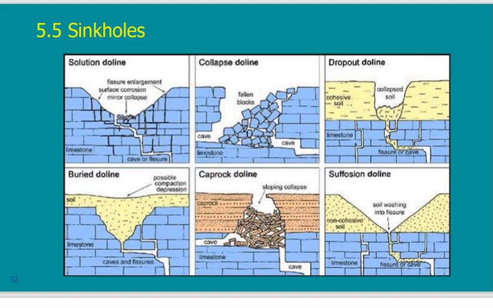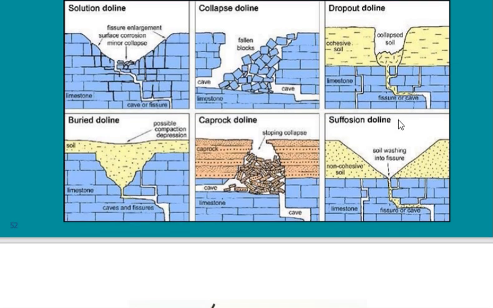So what happened? The fine particles with the water will go inside these fissures, and it will cause a collapse on top. Here similar, but this is just a minor effect, because what you will see is just a depression in the topsoil, not a big sinkhole.